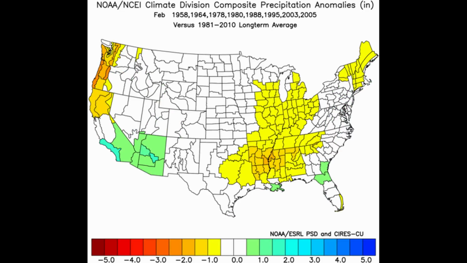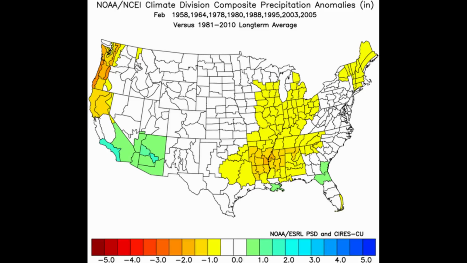For February, the conditions are drier than normal in the New England area, as well as the Midwest, and just in general, the South Plains over to western North Carolina.